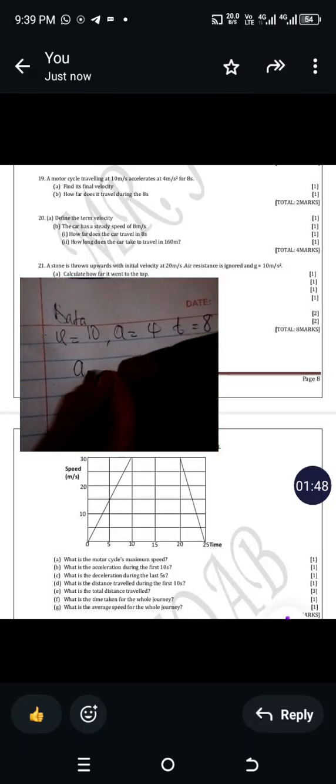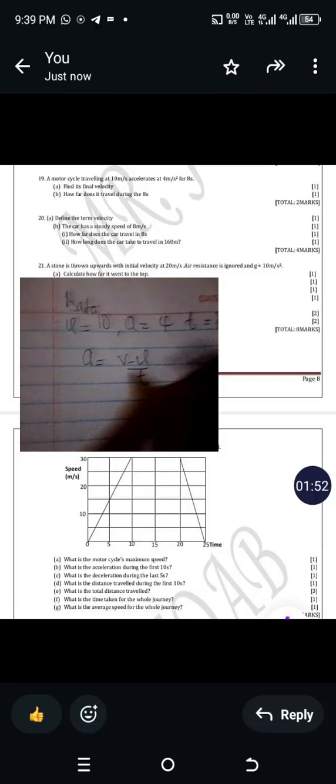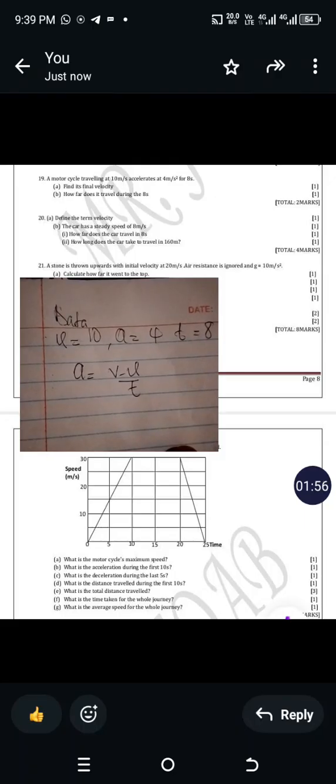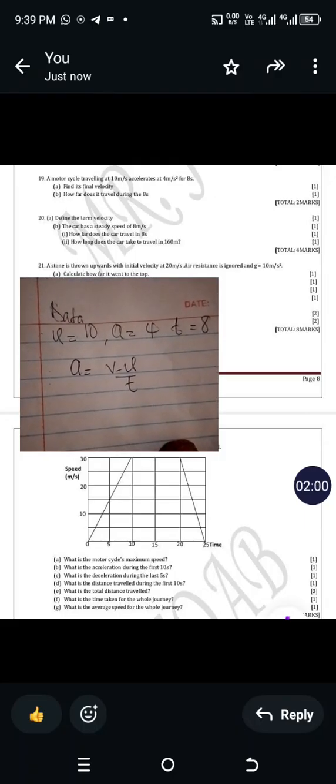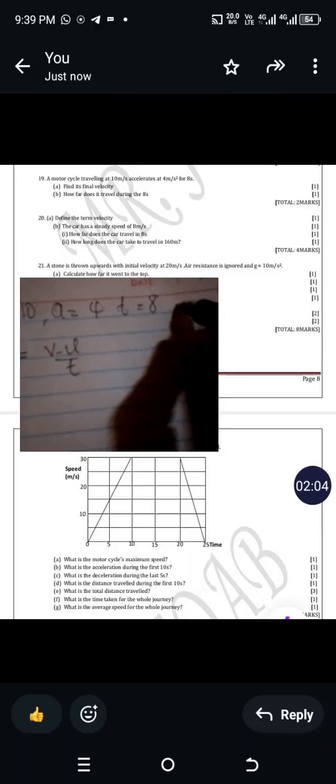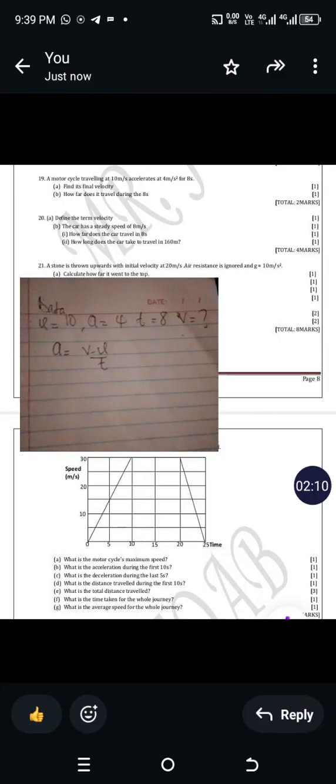we can use this formula, a equals v minus u over t, to solve for what? They're looking for final velocity, which is v.